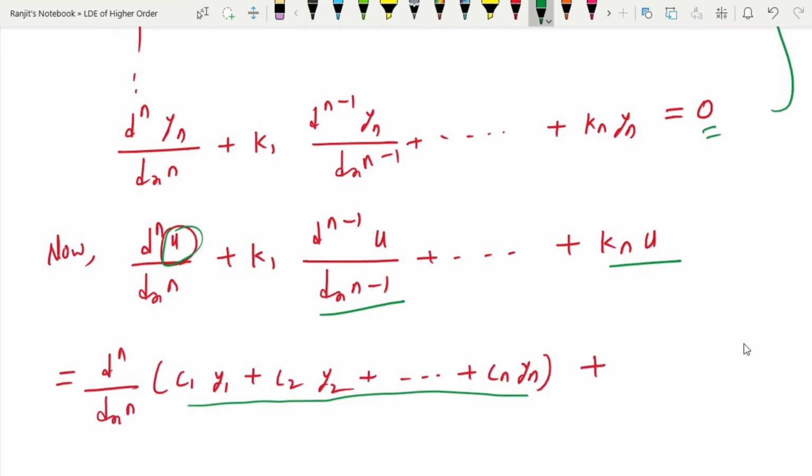Now we prove that this u is also a solution of equation 1.